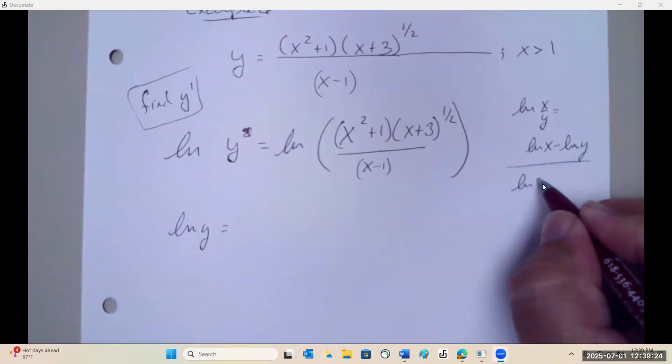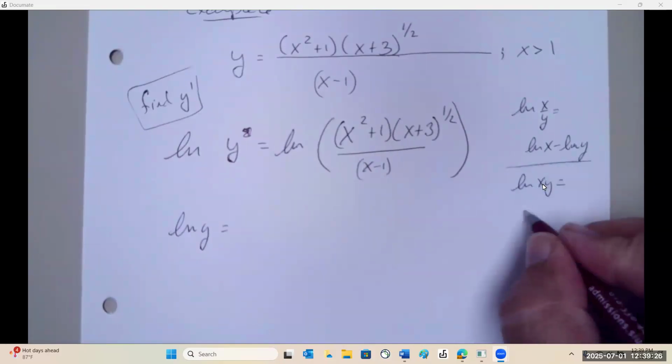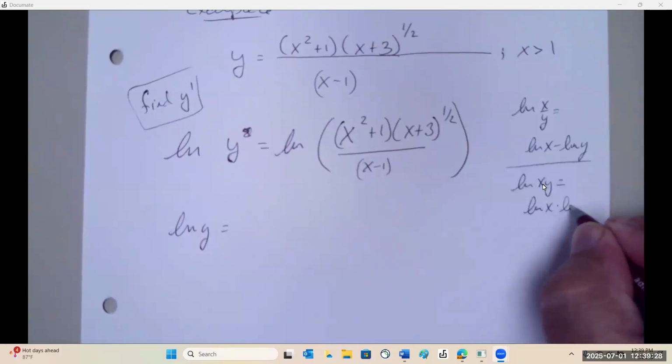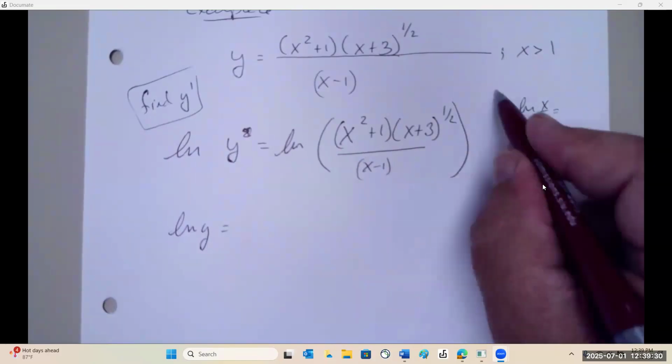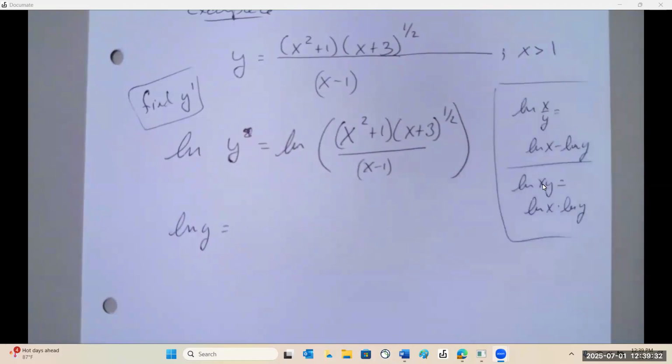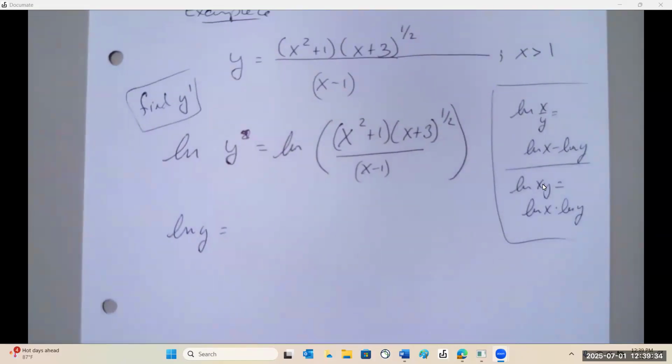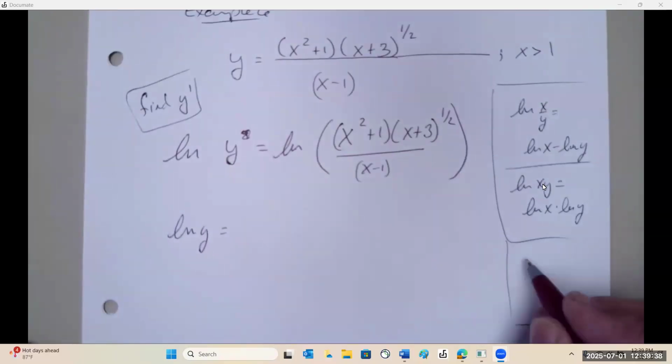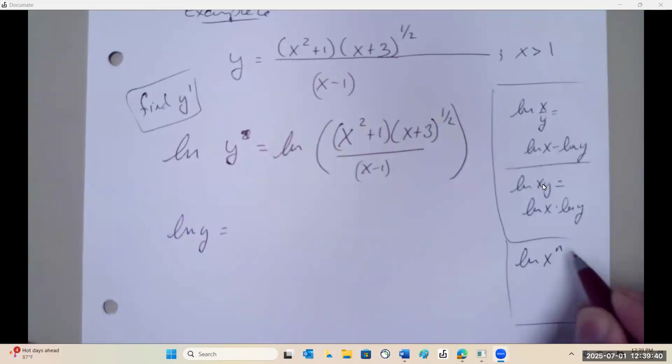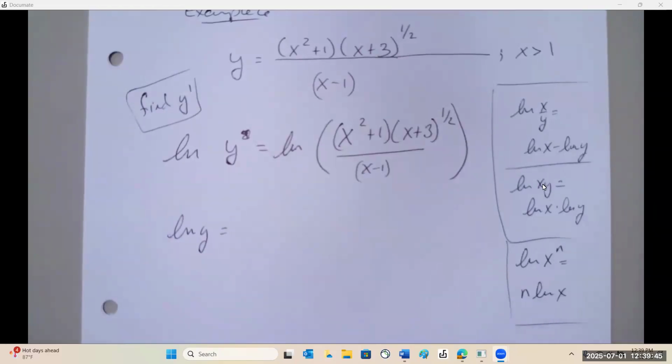If I have ln of x times y, ln x plus ln y. And then there's also the one we talked about earlier, ln x to the power n is equal to n ln x. If you have an exponent, it becomes a coefficient.